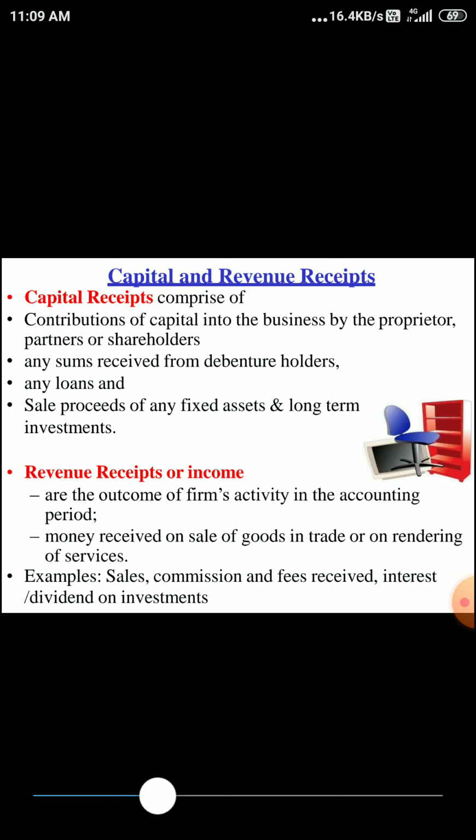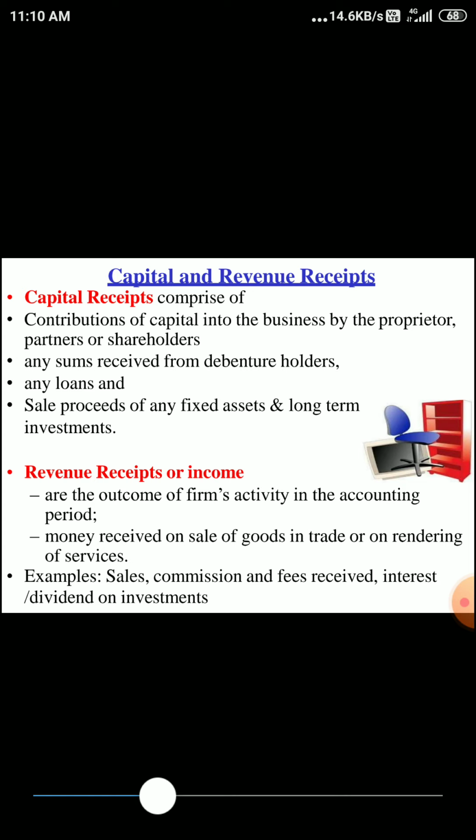Sale proceeds of fixed assets and long-term investments are all capital receipts. If you sell your fixed assets like land or machines and get some sale proceeds, that amount is not revenue receipts, it is capital receipts. You have to differentiate this.